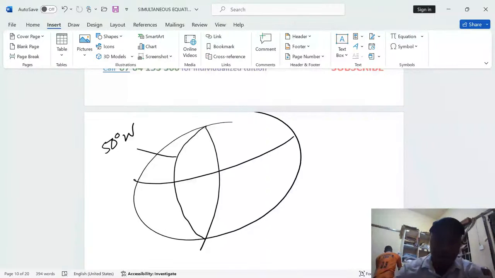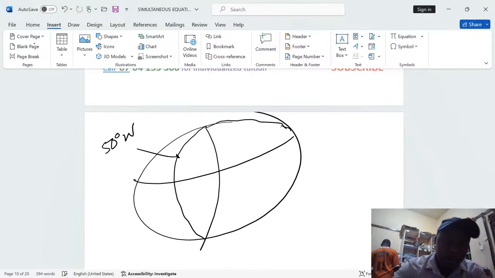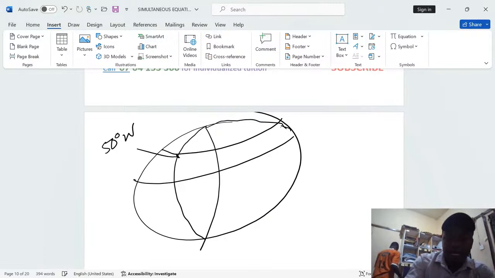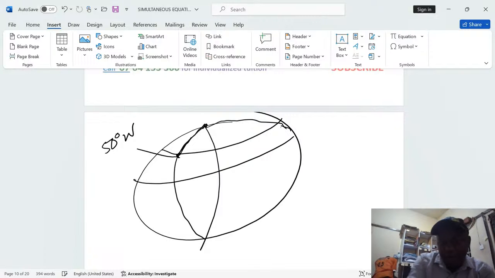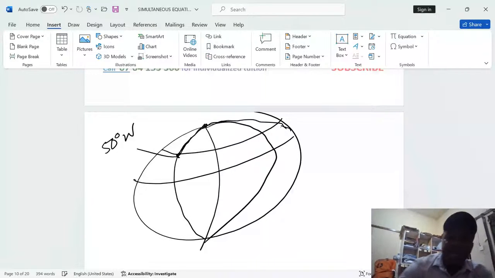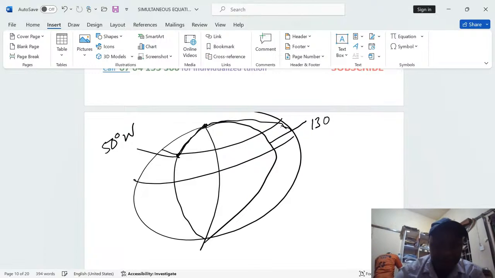If we move along that path to the North Pole and we fail to change the route, we continue flowing on the other side, then automatically we shall find ourselves flowing through 130 in the east. That is what we call supplementary longitudes.